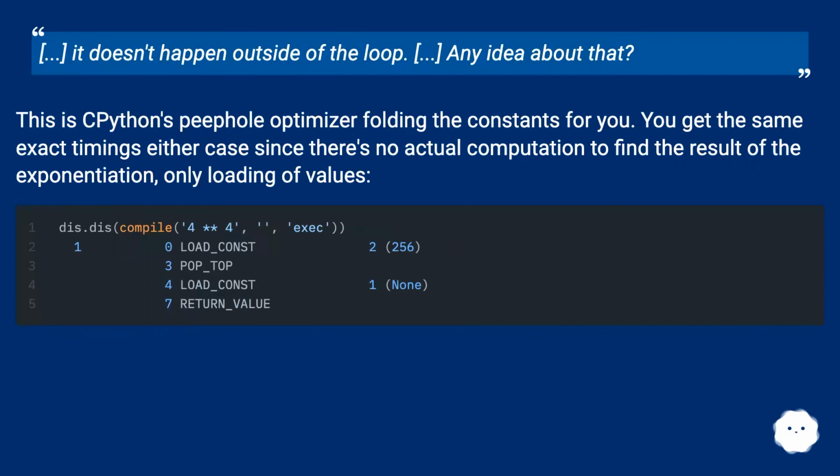It doesn't happen outside of the loop. Any idea about that? This is Python's peephole optimizer folding the constants for you. You get the same exact timings either case since there's no actual computation to find the result of the exponentiation, only loading of values.